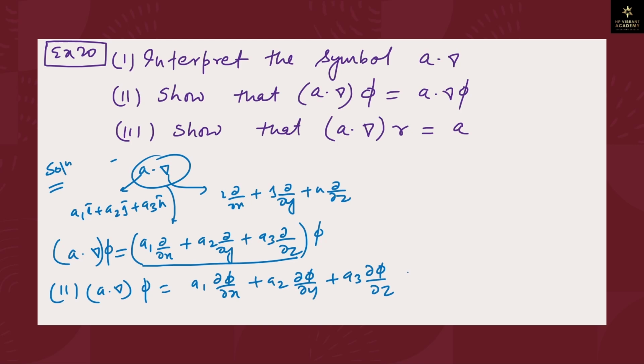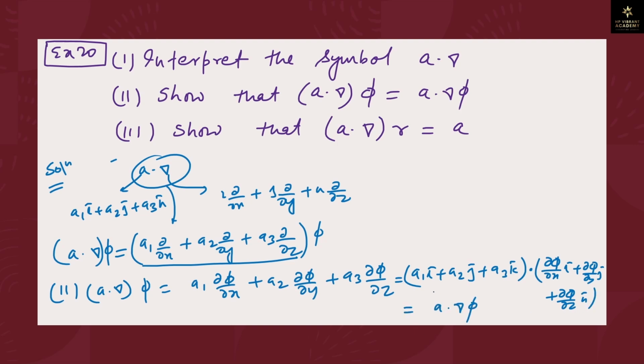So this we can write as the dot product of a1 i cap plus a2 j cap plus a3 k cap dot del phi upon del x i cap plus del phi upon del y j cap plus del phi upon del z k cap. So this is equal to a dot del phi. Is it understood?